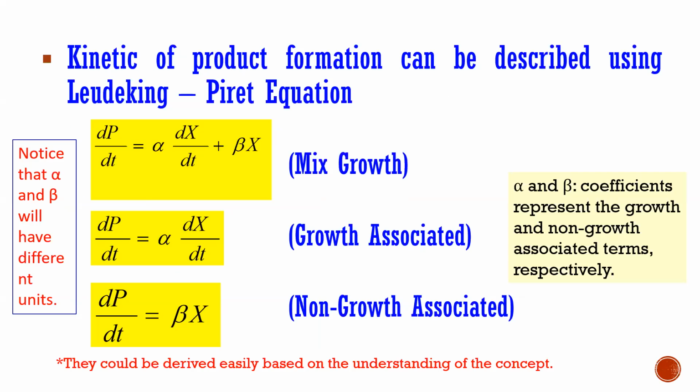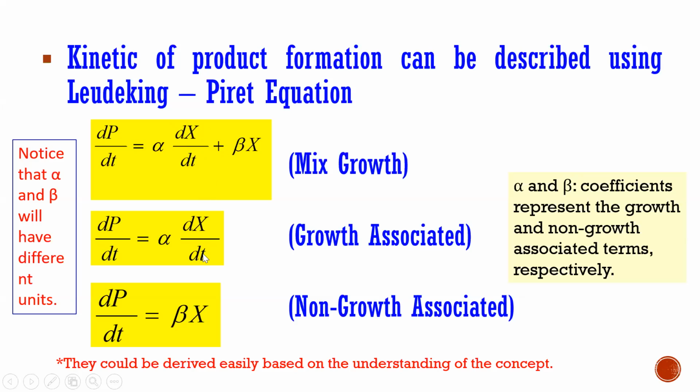All right. Now you have this Luedeking-Piret equation, a more general expression. What about if we extend this equation to include kinetic parameters? For example, when you have dx over dt, you can extend it to mu x, because mu is a kinetic parameter. So you are performing an extension to these equations.